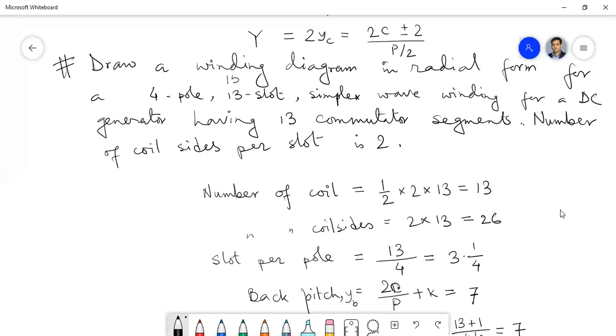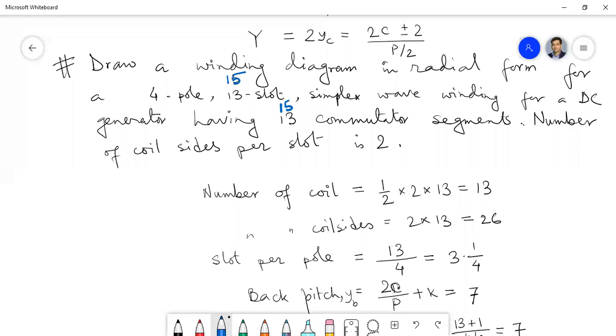15, and this you also take 15. Other things you can take the same. And what you have to do in this problem, again you have to draw the winding diagram and the diagram in radial form, the winding diagram in radial form that we have drawn in last day's assignment.